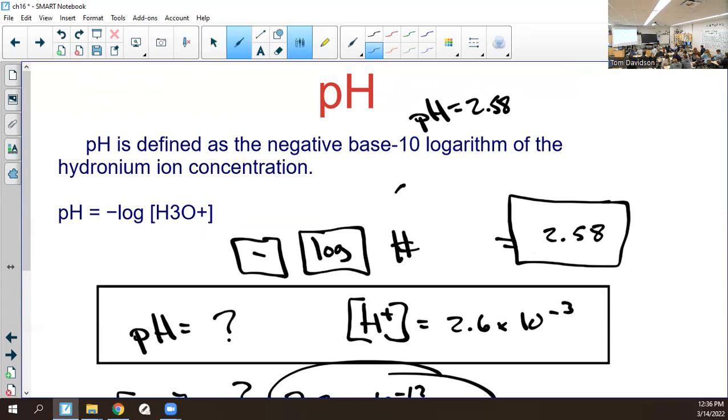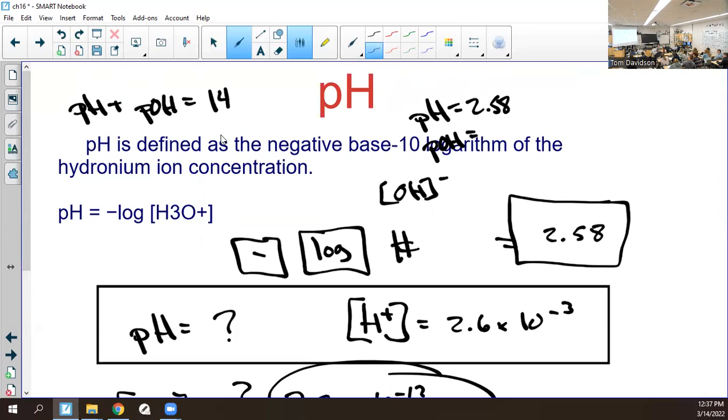And I wanted to know the OH minus concentration, right? So what we have here, we have pH, but we can certainly also have what we call pOH. And pH plus pOH is equal to 14.